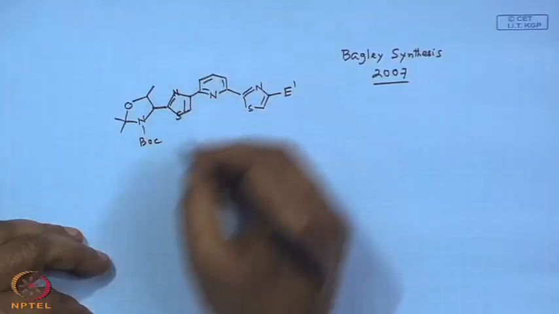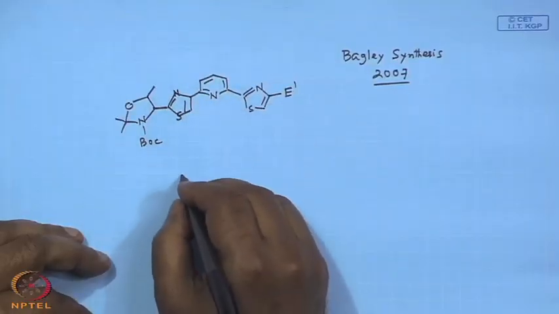So, Bohlmann synthesis, that means what do you need then in the Bohlmann synthesis? Corresponding enamine, right, enamine. So, in this case the authors have taken enamine. Okay, so the enamine, let us say from the left hand side.